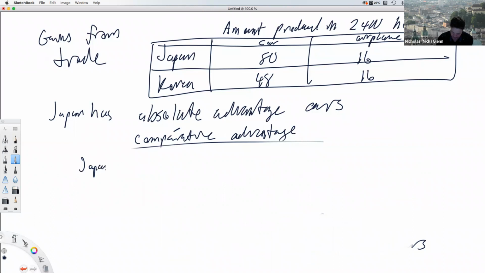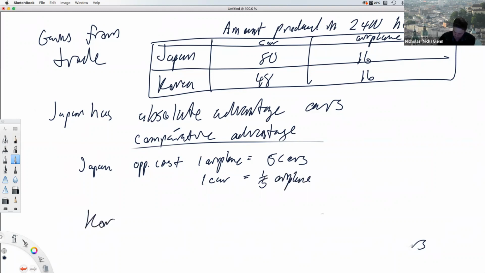So Japan, opportunity cost, one airplane is 5 cars. Opportunity cost of one car is 1/5 of an airplane.